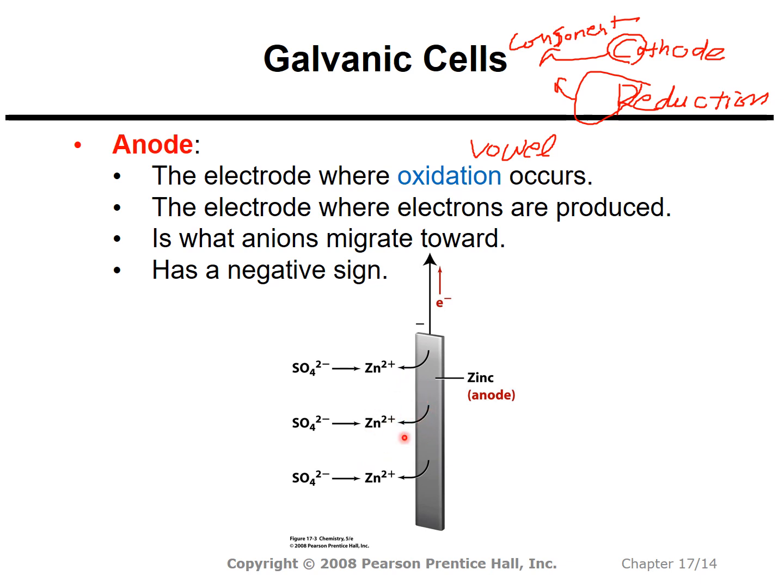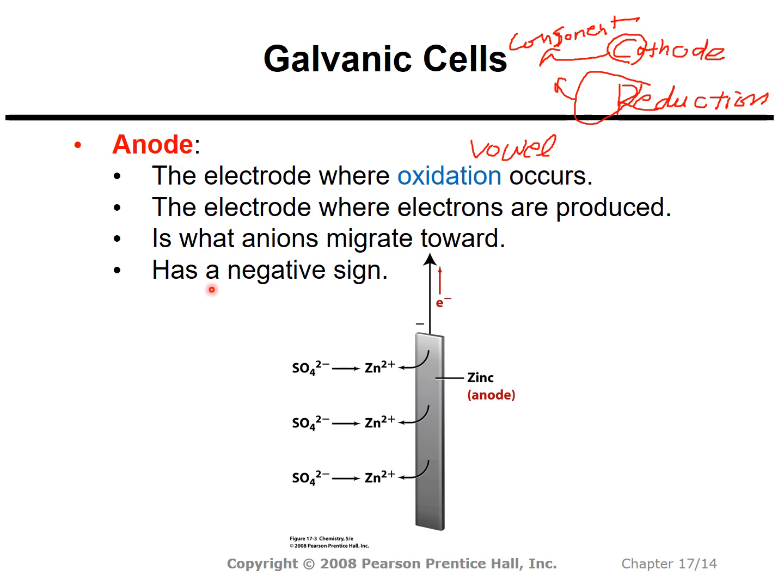So we have some positive attraction, so negative ions, or anions, approach this electrode. This is how we named this electrode the anode, because it is the electrode toward which anions migrate. Anions go to the anode. Okay, so this is the anode. Actually, Faraday named this electrode the anode.